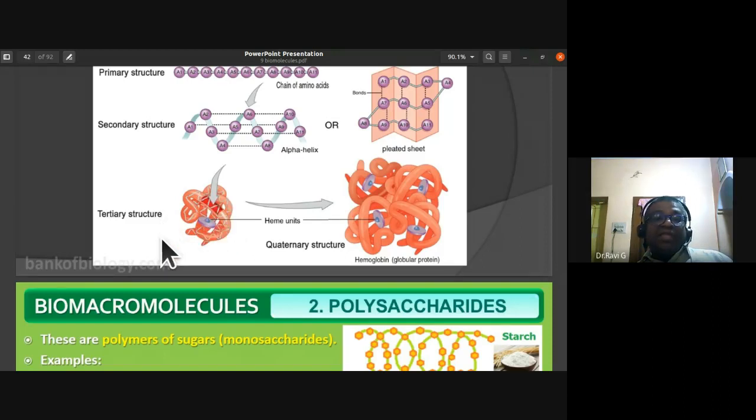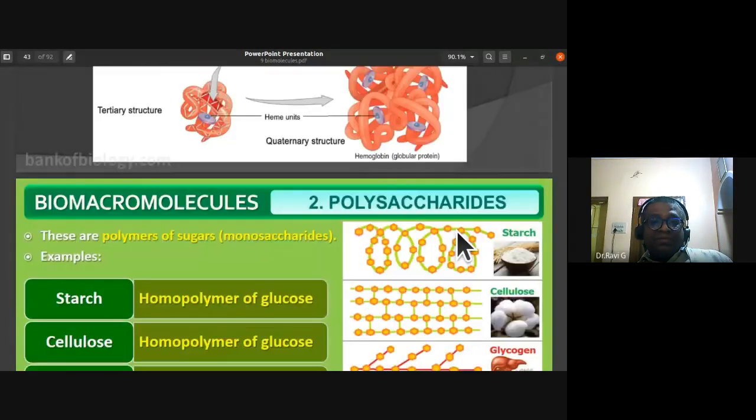Some of the enzymes exhibit this sort of tertiary structure. In the quaternary structure, more than one tertiary structure is seen in the polypeptide chain, and they form the subunits of proteins. Hemoglobin is an example, where they have two alpha subunits and two beta subunits.